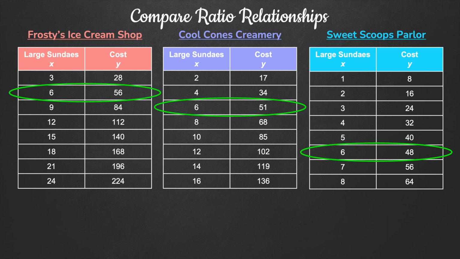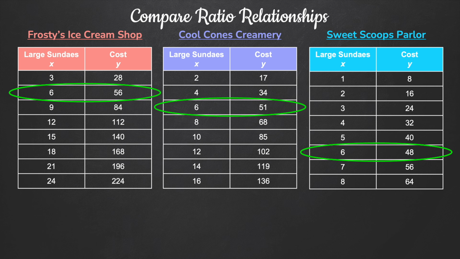However, if we take a closer look, notice that they all have 6 large sundaes and the cost for the 6 large sundaes. That's because 6 is the least common multiple of 3, 2, and 1. We have our Frosty's Ice Cream Shop increasing by 3 large sundaes each time. We have our Cool Cones Creamery increasing by 2 each time, and our Sweet Scoops Parlor increasing by 1 each time.